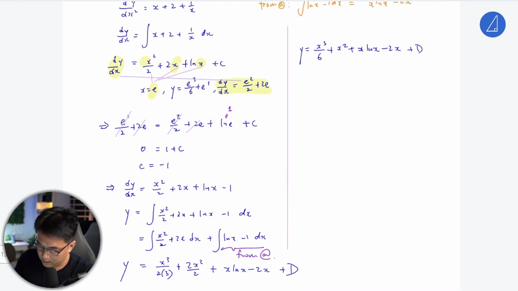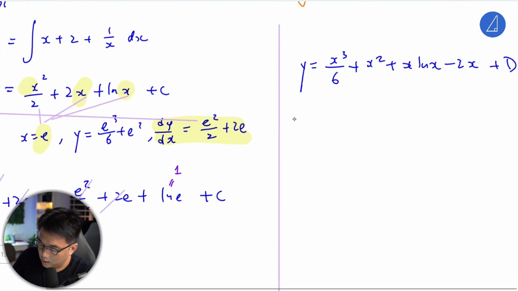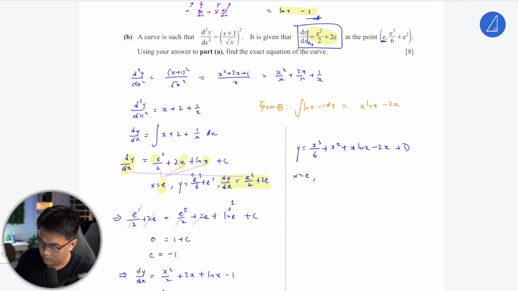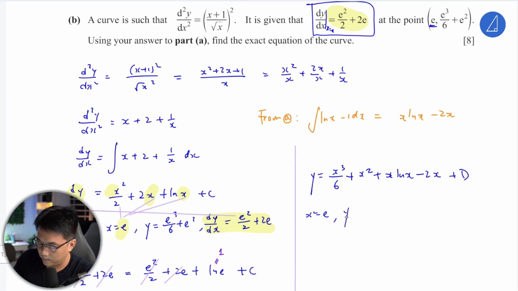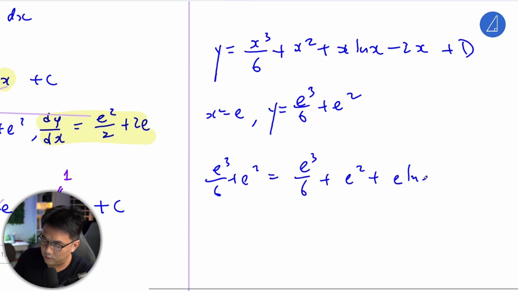Then what we need to do next is replace x equals e. y equals e cubed over 6 plus e squared. We just need to solve for d: e cubed over 6 plus e squared plus e ln e, which is 1, minus 2e plus d.